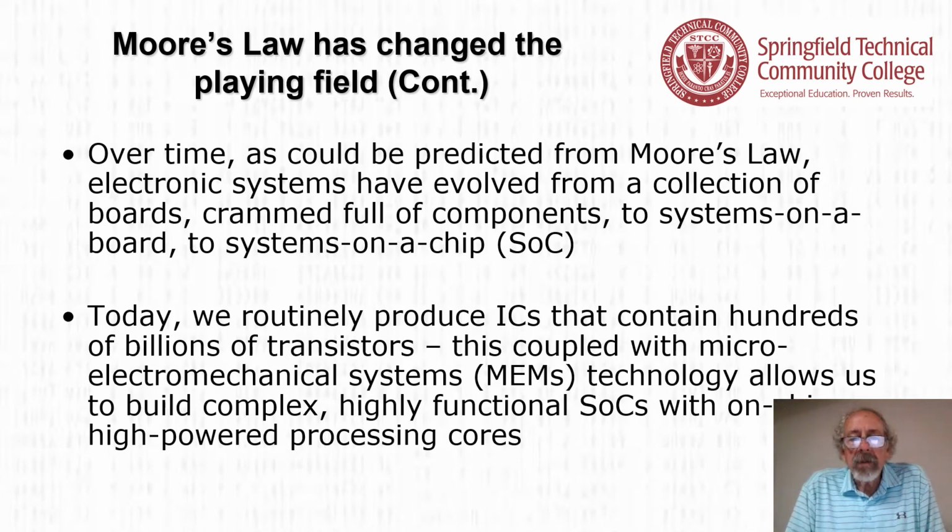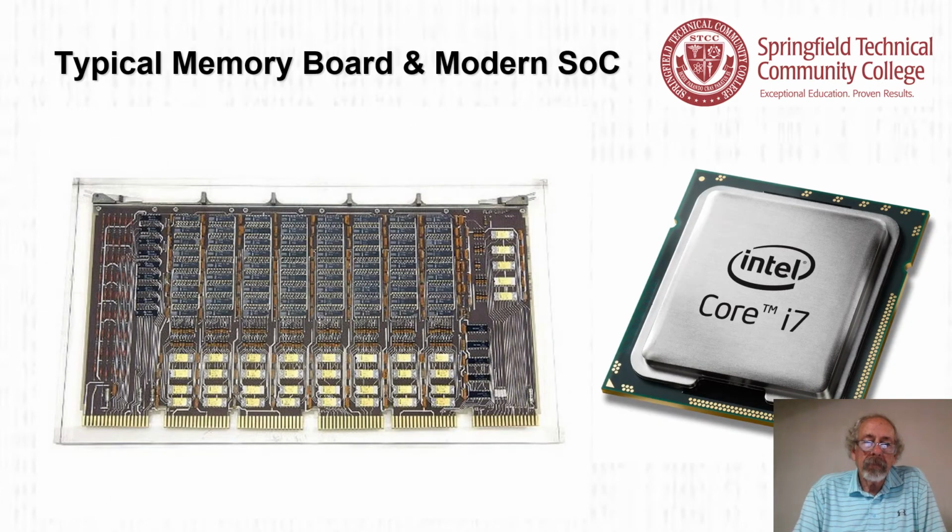This fact, coupled with microelectromechanical systems, or MEMS technology, allows us to build complex, highly functional systems on chips with on-chip high-powered processing cores. So here's a couple of pictures. The far left is a typical board from years ago. Might be a memory board with a lot of chips on it. And then to the right you have a Core i7 from Intel, which you might call a modern system on a chip.